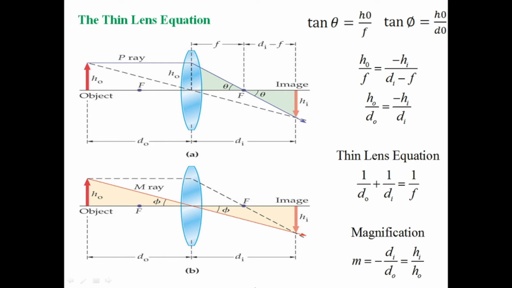There exists a terminology called magnification. They will ask you what the magnification is that the lens of your camera is performing. The magnification is defined as the ratio of hi by h naught, that means the height of the object in the image plane to the height of the object in the 3D environment. Otherwise, I can also define the magnification of a camera in terms of distances.